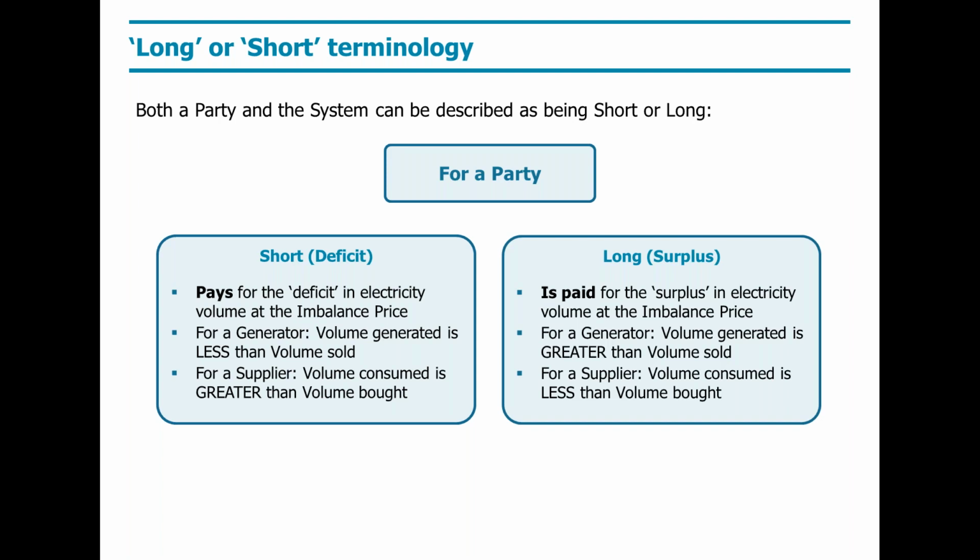The opposite is a party that's long, so has a surplus of electricity volume, and therefore they'd be paid for their imbalance volume at the imbalance price. An example of this could be a supplier whose customers have consumed less than the volume they bought for those customers.